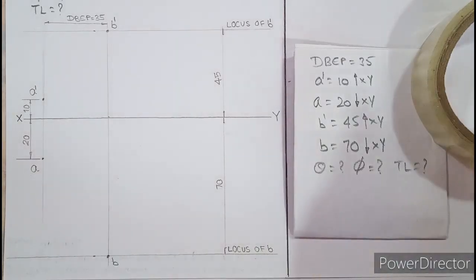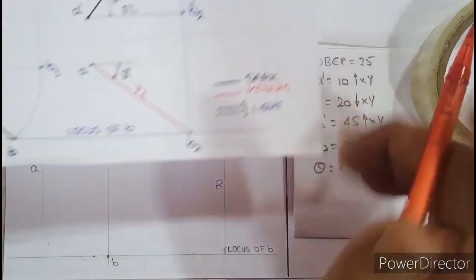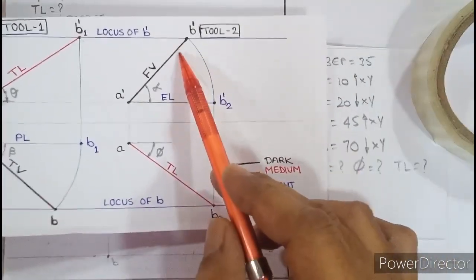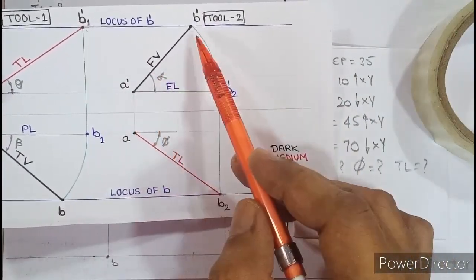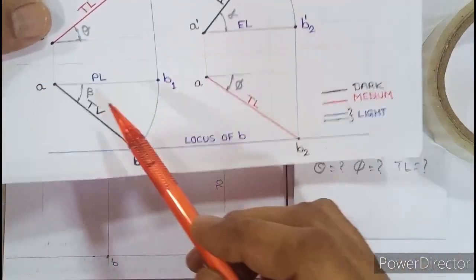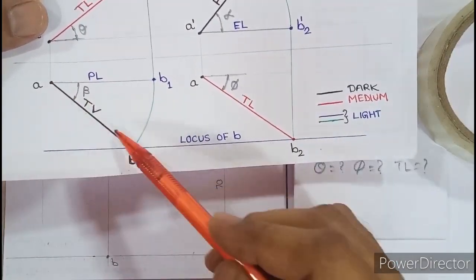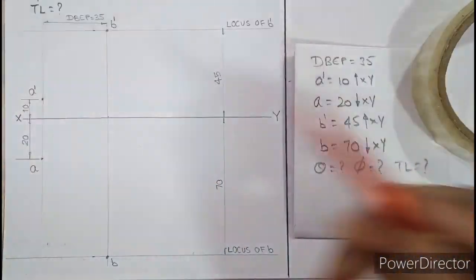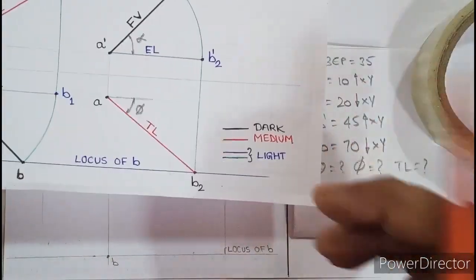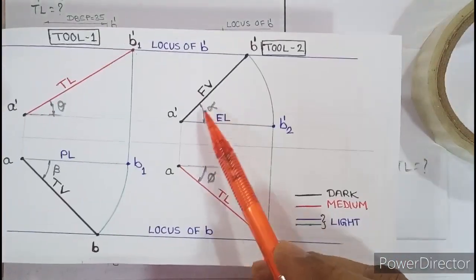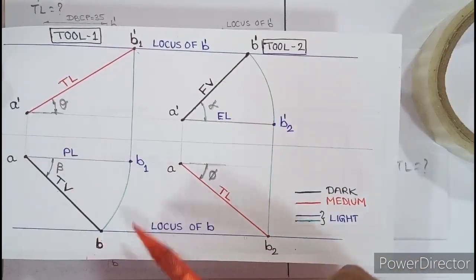Once B dash and B are plotted, we should know that B dash, as per the tool, should always be joined with A dash, and that is called the front view. A should always be joined with B, and that is called the top view of the line. So let us join A dash and B dash. And what about the nature of the line, light, dark or medium dark? Yes, front view and top view are always drawn dark.